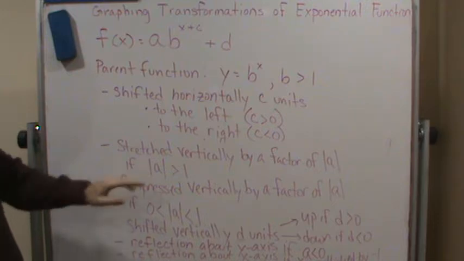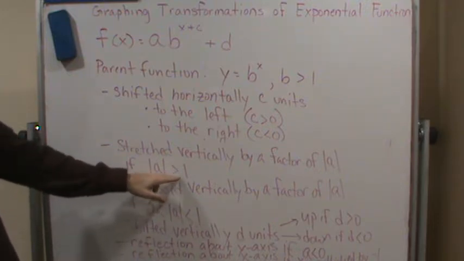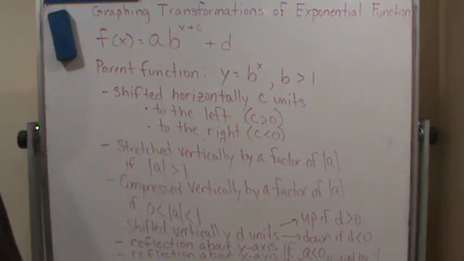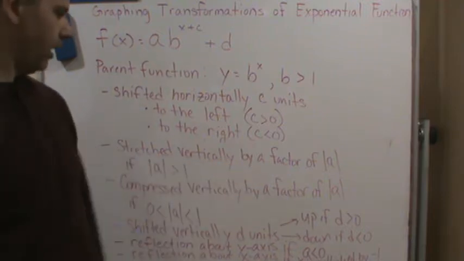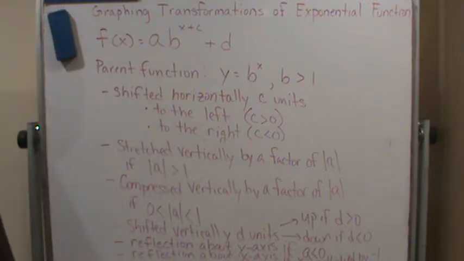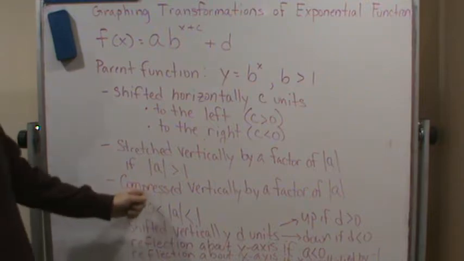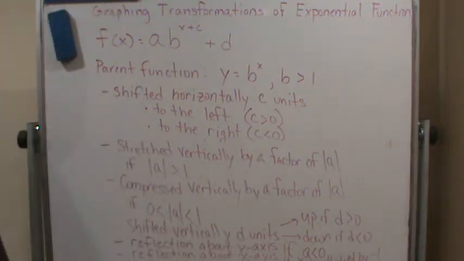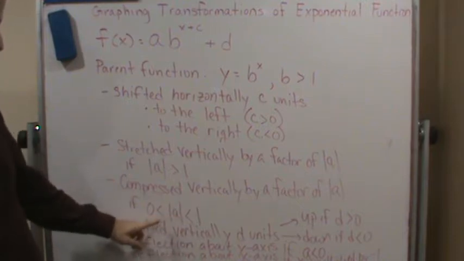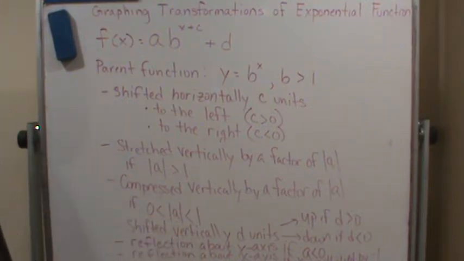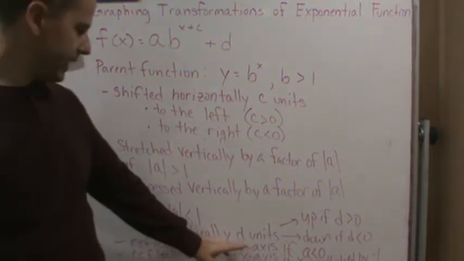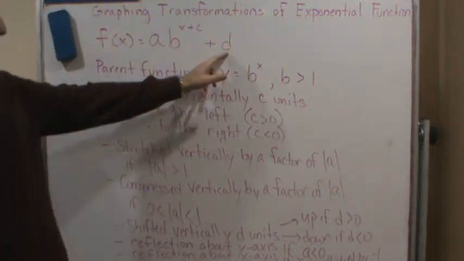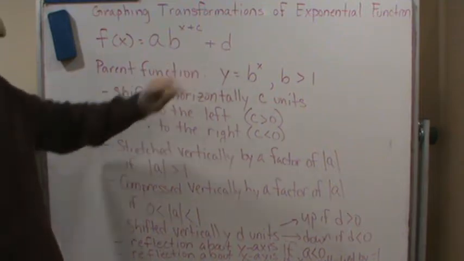So if the absolute value of a is greater than 1, then it's stretched vertically by a factor of a, or absolute value of a. It's compressed vertically by a factor of positive a if the absolute value of a is between 0 and 1. Then it's a compression. It's shifted vertically d units up if d is positive, down if d is negative.